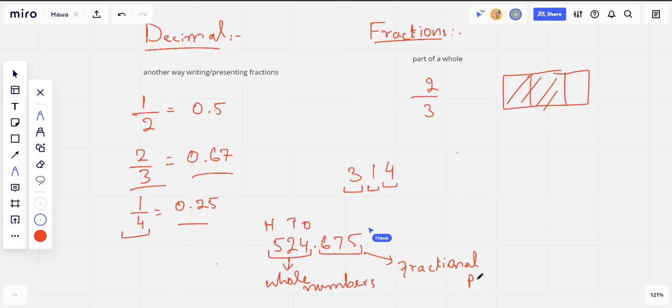And you need to remember that the fractional part is always less than 1. .675 is less than 1, so you cannot say it as 675. You need to say it as 524.675. Saying it as 675 is wrong because it's less than 1. If it's less than 1, then definitely it cannot be in the 600s.